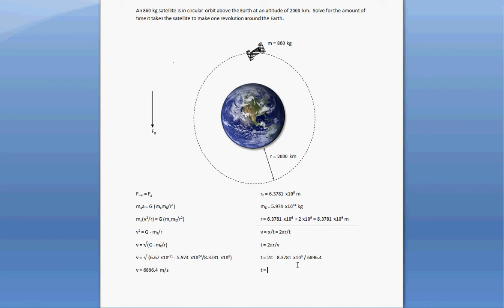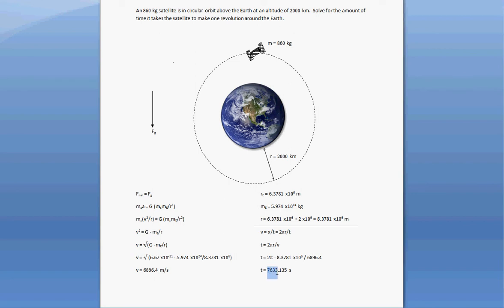Let's figure that on the calculator: 2 times pi times 8.3781 e6, divided by 6896.4, is equal to 7633.135 seconds.